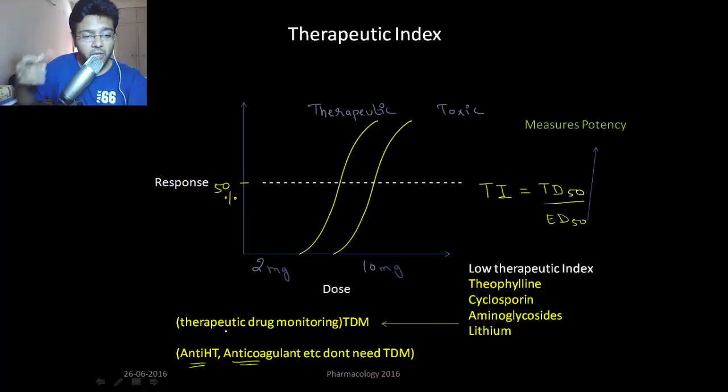For example, if you give an antihypertensive, you can record its response by measuring blood pressure. If you give anticoagulants, you could record the response by measuring prothrombin time, say with warfarin. You don't need to go inside plasma and measure that drug. You could judge the level of drug by the response it is producing, right? So these don't need therapeutic drug monitoring.